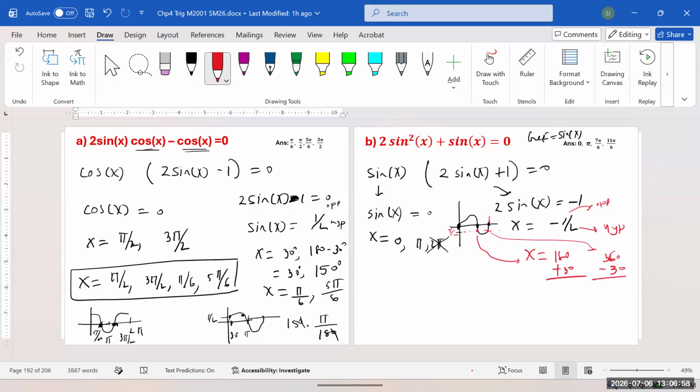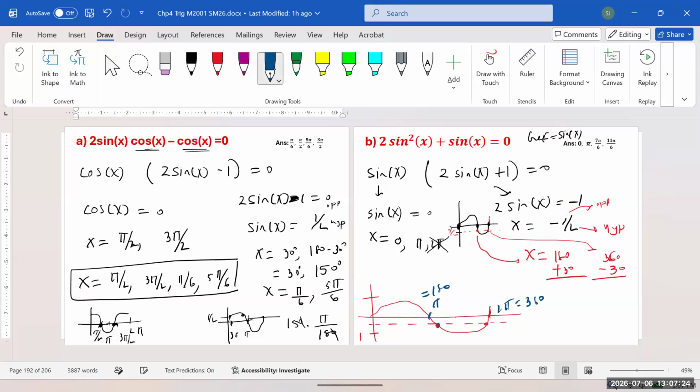Oh, the graph actually helps us to find the answer. Let me do it nicely so you can see the graph. This is -1, this is +1, but we are looking at -1/2. In the graph, this is pi, this is 2 pi. Pi means 180 and 2 pi means 360.